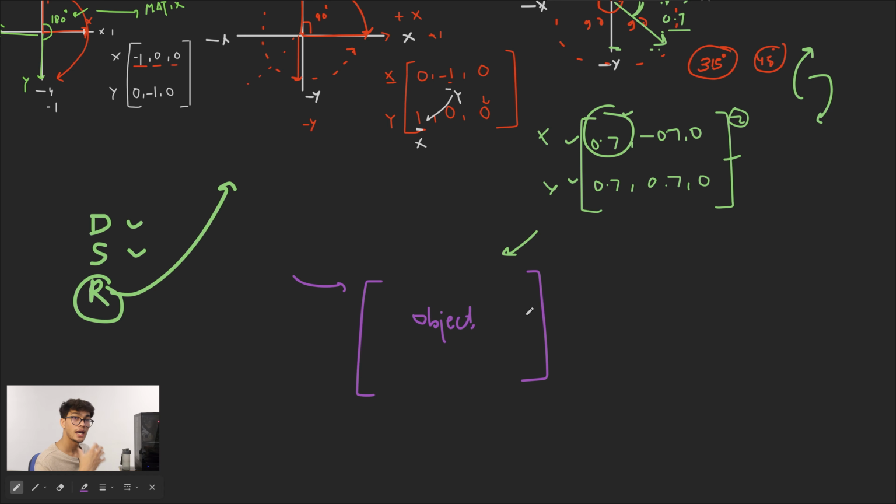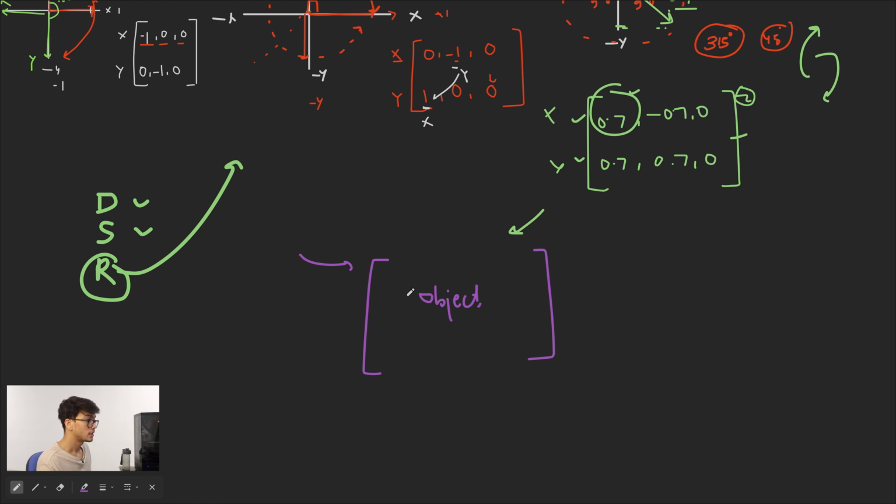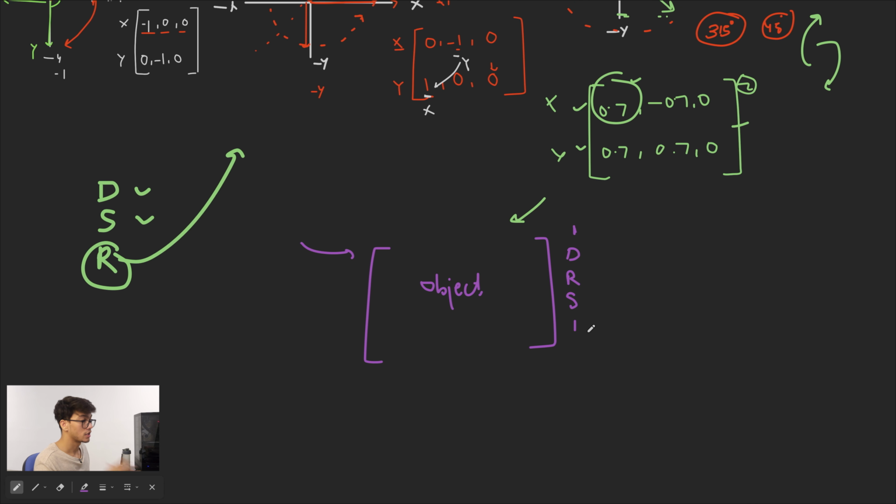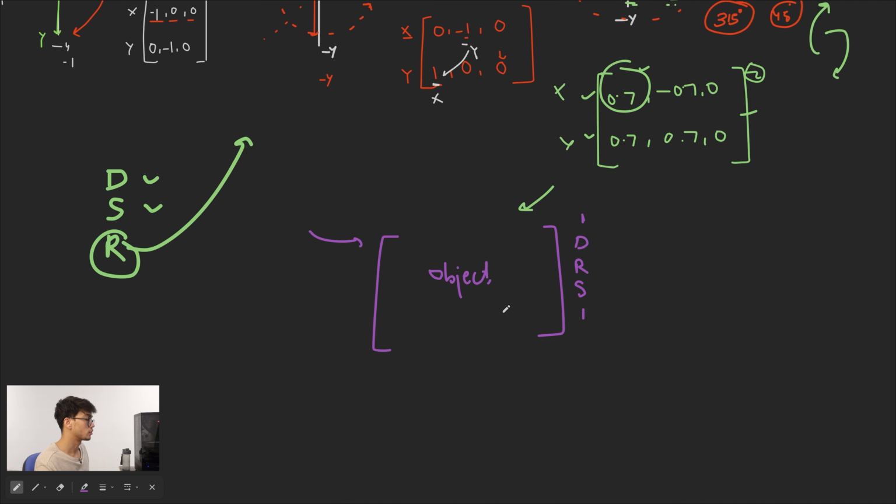When you create an object in a scene, matrix tells about its direction, its rotation, and its scale. It also tells about more things, but I will cover that later because I don't know about them yet.